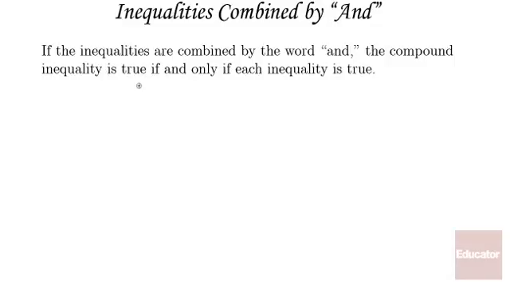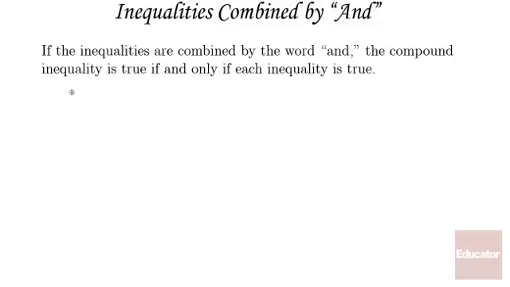If the inequalities are combined by the word and, the compound inequality is true if and only if each inequality is true. In other words, what we're looking for is the overlap or intersection between the two solution sets. So setting aside inequalities for a minute and just talking about this intersection or overlap between solution sets.